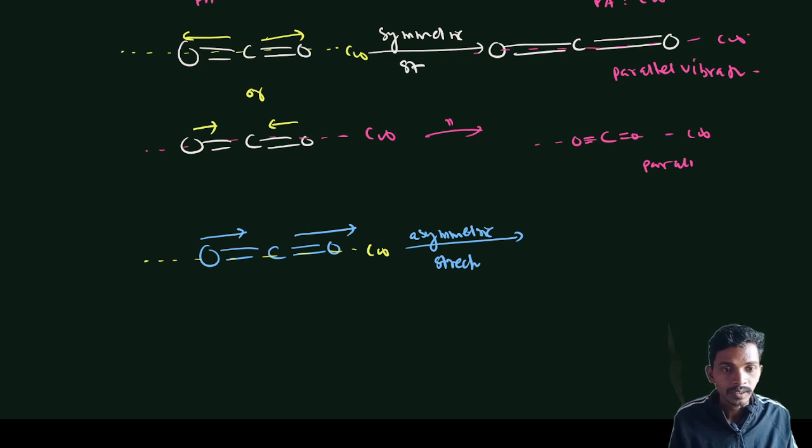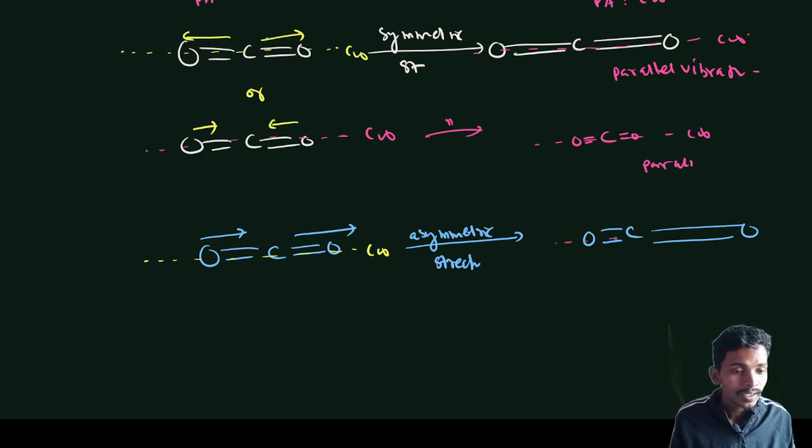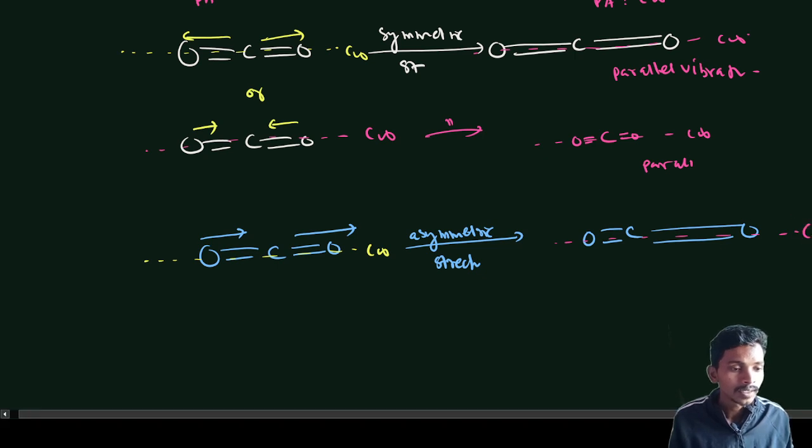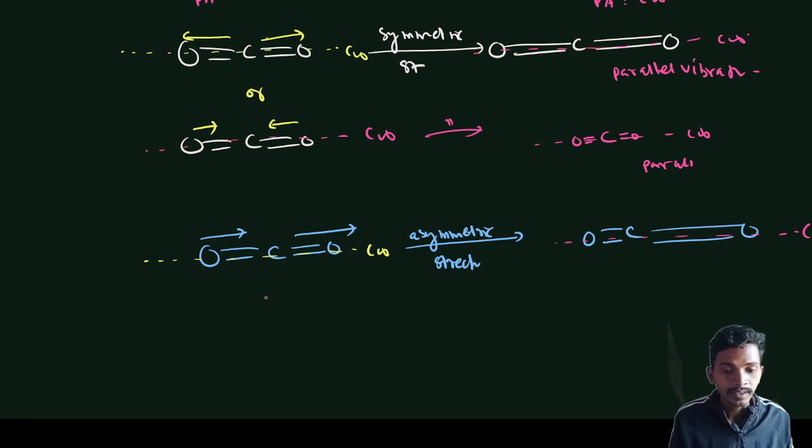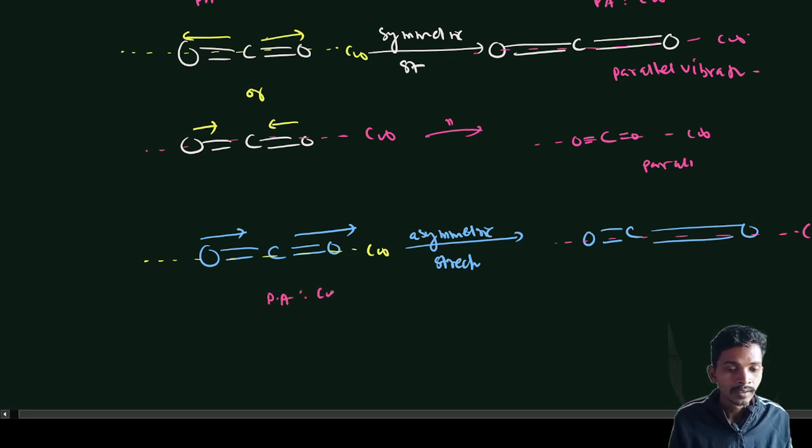After stretching this becomes like this, and this becomes like this. My question is whether I get the principal axis. Again we see that C infinity is there. It means asymmetric stretching also gives parallel vibrations, because the principal axis is C infinity before and after.